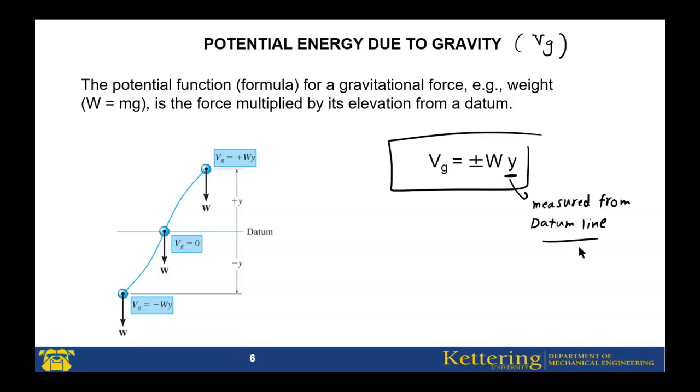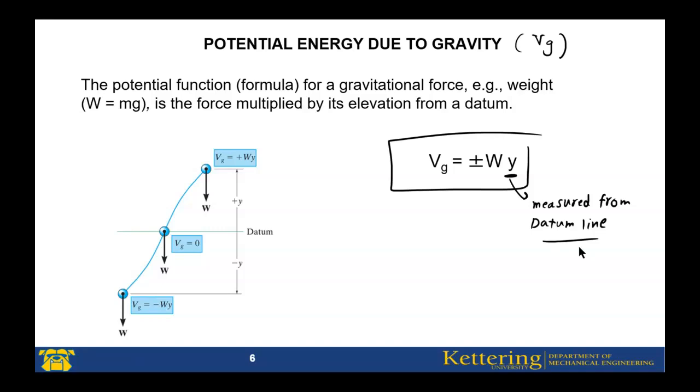For example, when this particle moves along this curve from this position to this position, at the datum line, because y is 0, there is no potential energy. But above the datum line, the potential energy is positive. Below it, the potential energy is negative. Okay? I just explained it before.